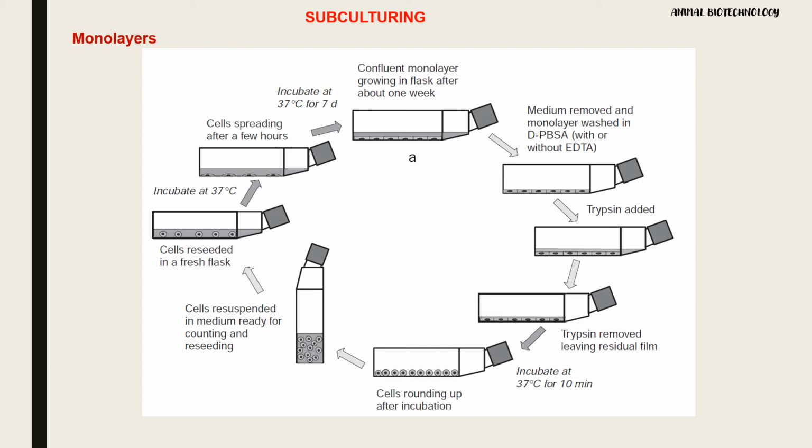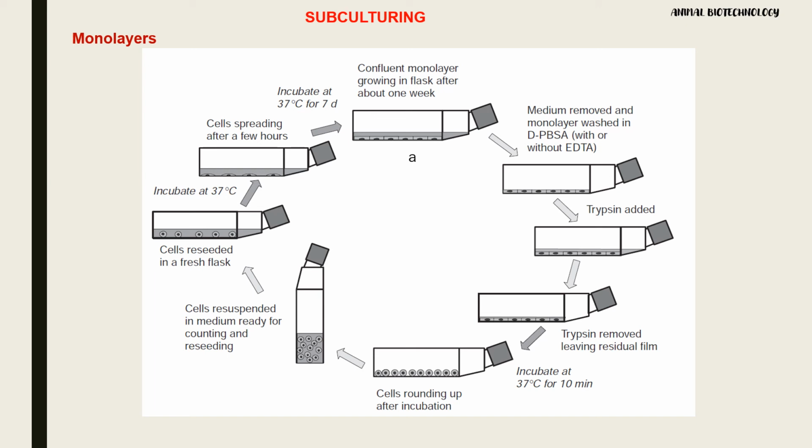A confluent monolayer growing in a flask is taken and the medium is removed. It is then treated with trypsin so as to disaggregate the cells. On incubation with trypsin, the cells undergo rounding. The cells are then resuspended in a liquid media and ready for reseeding.